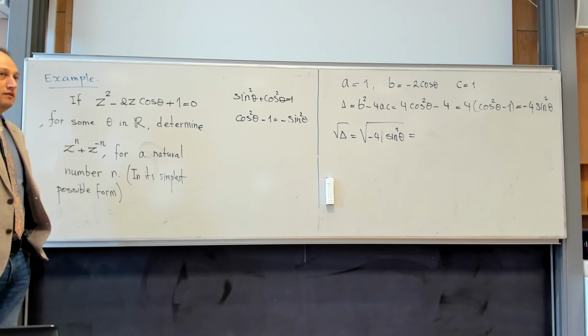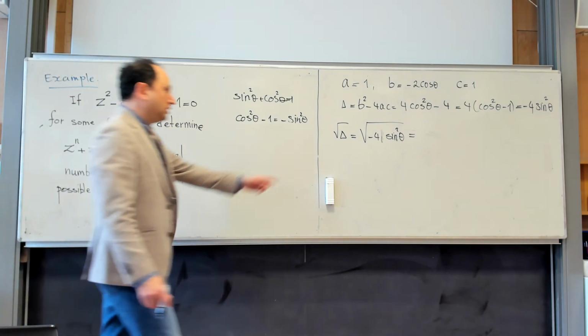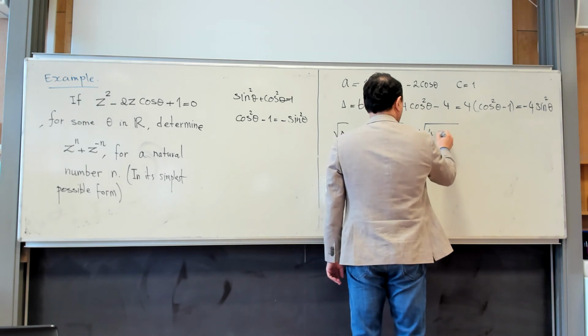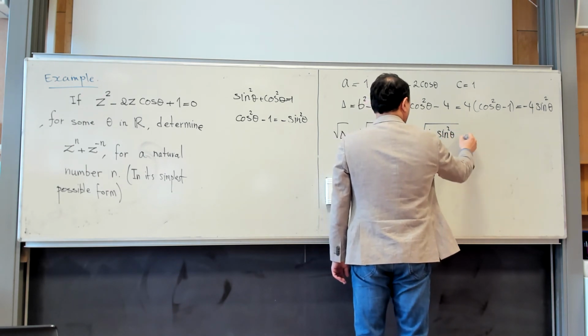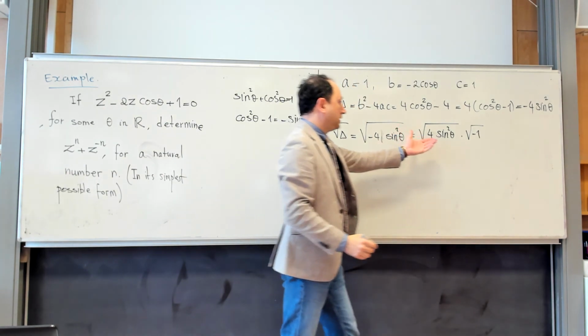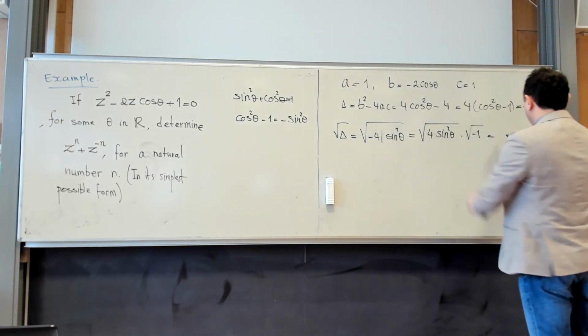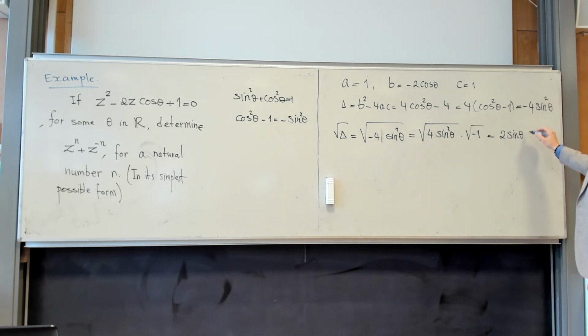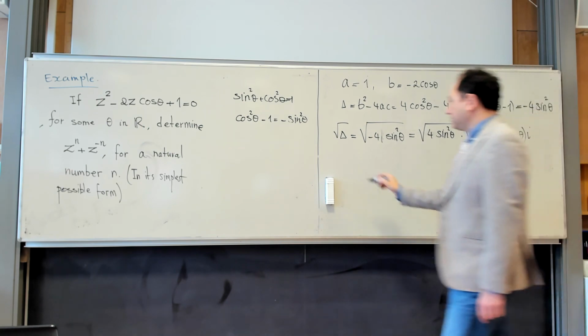Isn't it 2i sine theta? Do you agree? Because I can write it as 4 sine squared theta multiplied by the square root of minus 1. The square root of minus 1 is i, and this one is 2 sine theta. So this becomes 2i sine theta, and let me put a pair of brackets around it. Now I go back to calculate z.